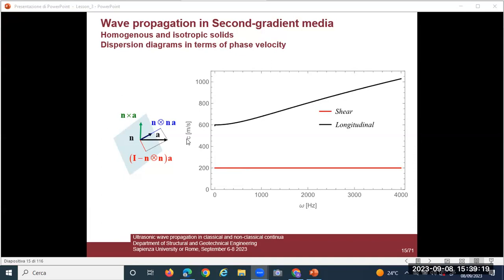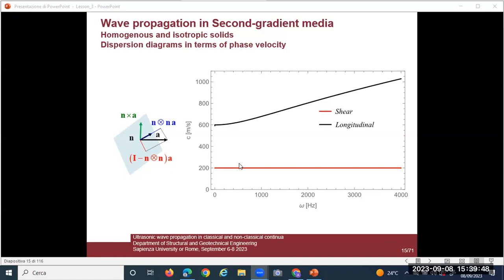If you check out the speed as a function of frequency, you see that this horizontal line represents shear waves, so constant velocity. These are non-dispersive waves, okay? Shear waves are non-dispersive also in the second gradient continuum, while the black curve represents longitudinal waves. And you see that in this case, this is phase velocity.